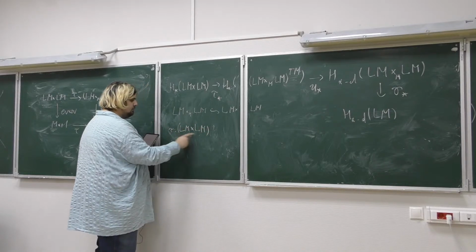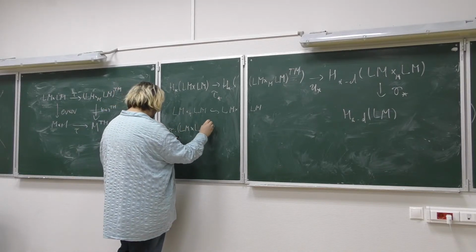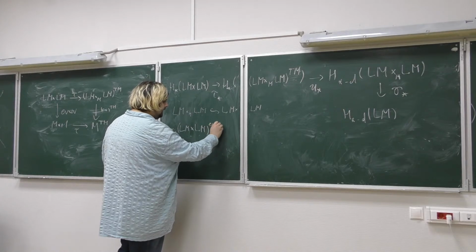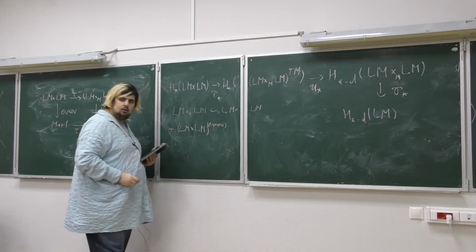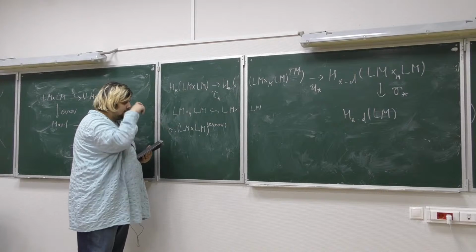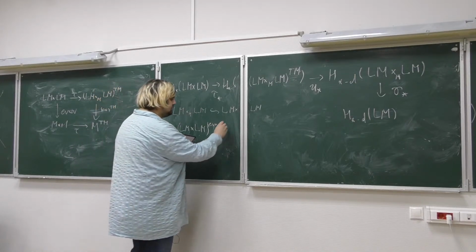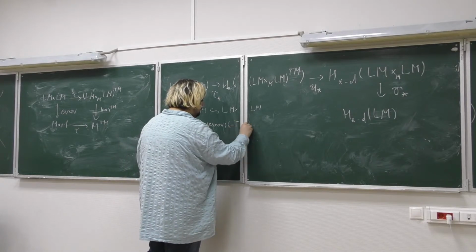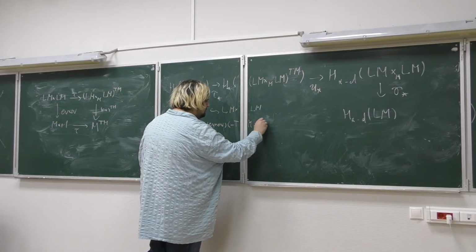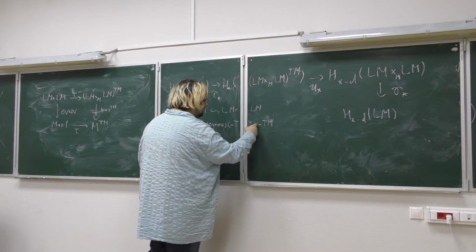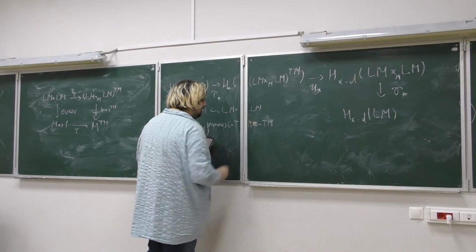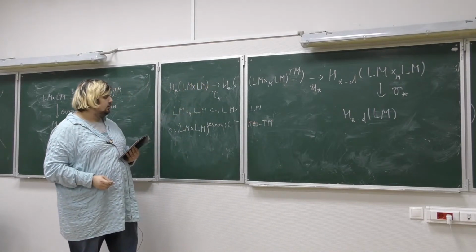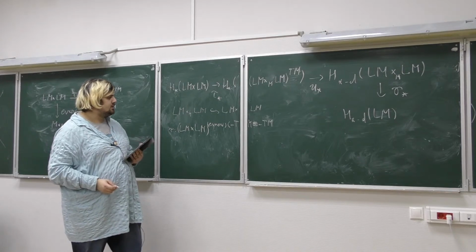So this is the ambient manifold. We take a pullback along the second order product of evaluation maps of the bundle minus Tm, or better, the direct sum of two bundles minus Tm.